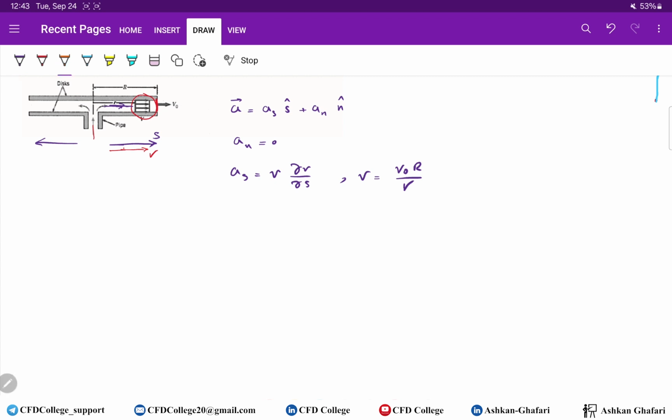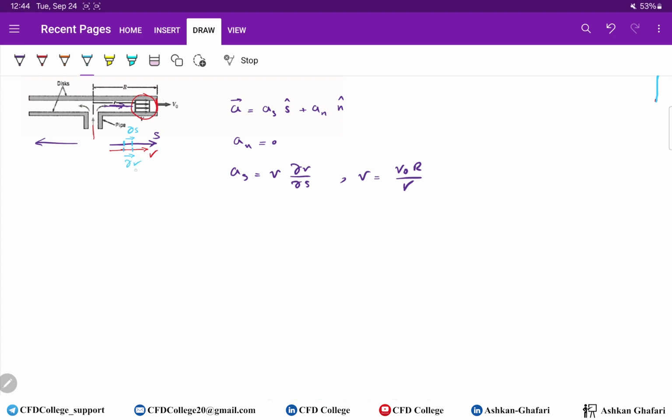It means that if I move from here to here, which is delta S, it's equal to this distance where I move from this point to this point in R coordinate.